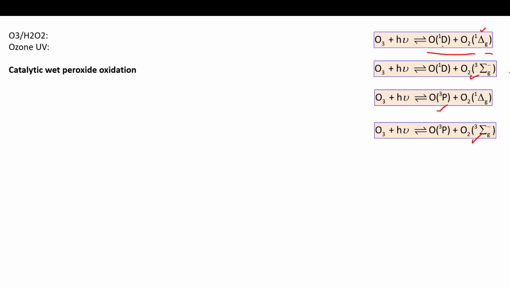Yes. Yes. What we have to do also. Catalytic wet peroxidation.